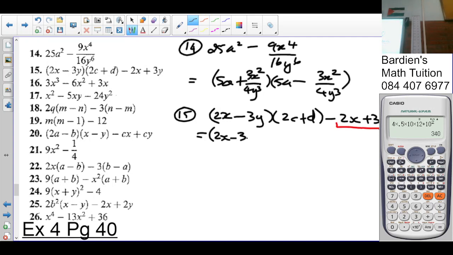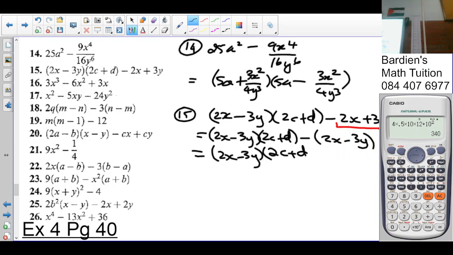So I've got 2x minus 3y, 2c plus d. Negative as a common factor. 2x minus 3y. What do you notice now? The common bracket is 2x minus 3y. What are we left with? 2c plus d. Sorry, we took this one out, we're left with that. We take this out, we're left with? Minus 1.